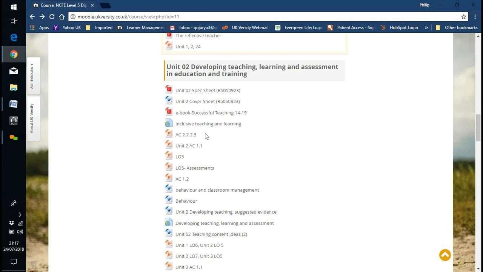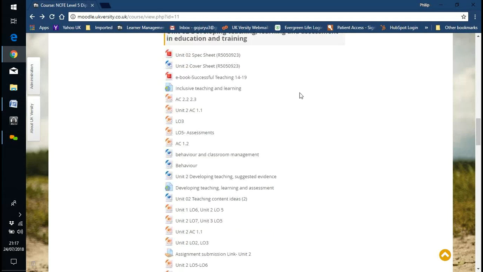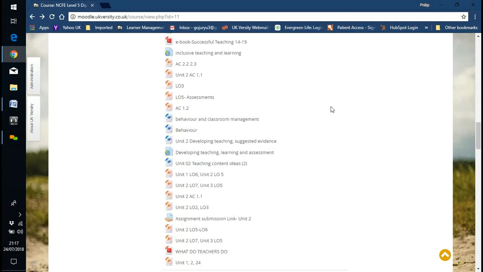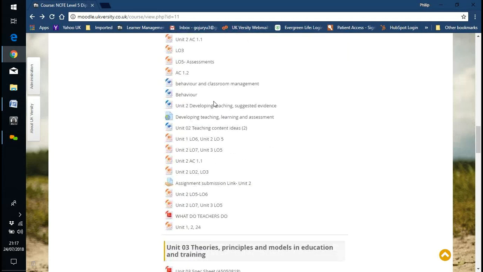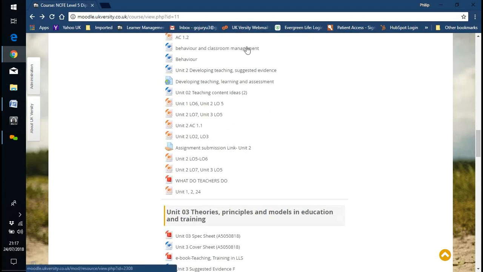I can edit those. I'll check that up for you. The behaviour and classroom management is in there on Unit 2 now, and the behaviour one is on Unit 2 as well now. I moved one of those last week. I think I must have moved that other one by mistake when I was doing it.